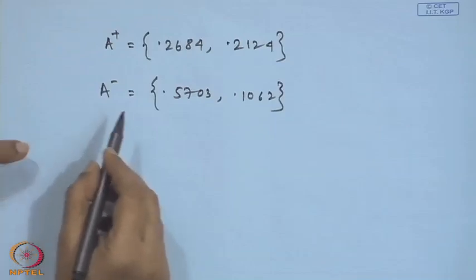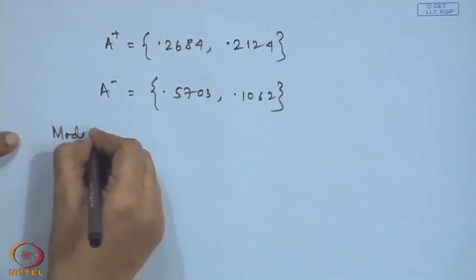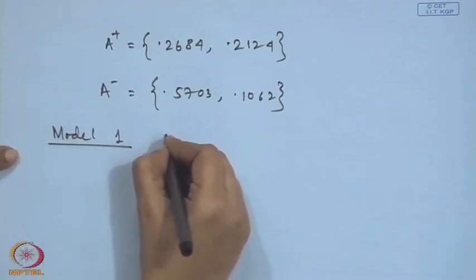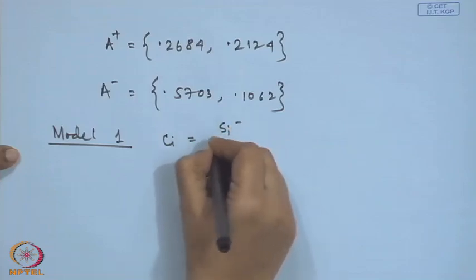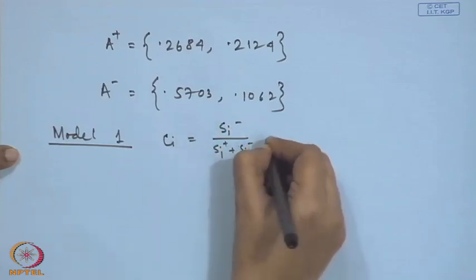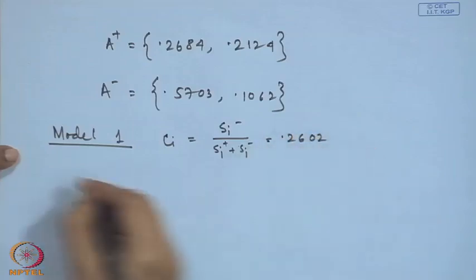If we calculate the closeness values, for model 1 the relative closeness C i, S i minus divided by S i plus S i minus, will come as 0.2602.